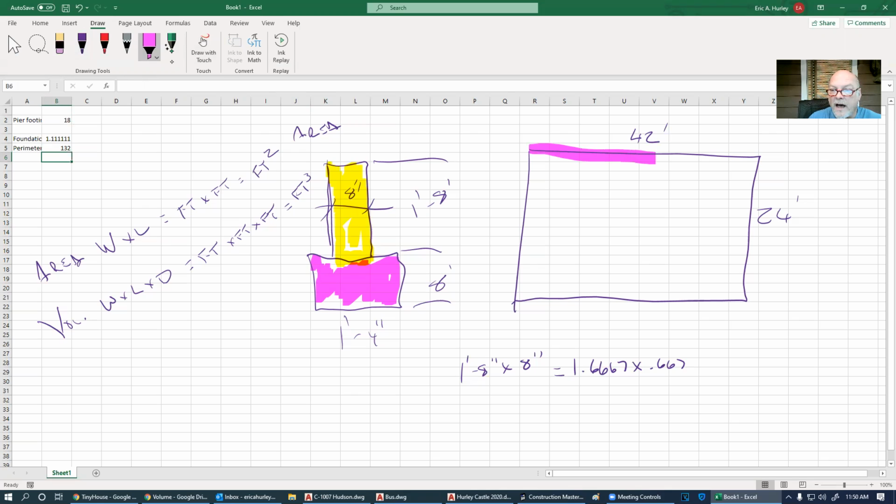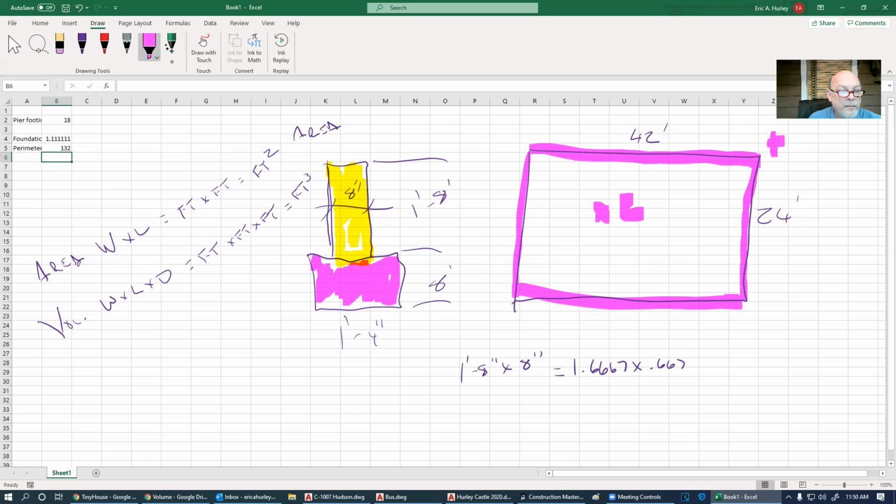I'm going to take this side and add it to this side, so I get a number, but then when I say times 2, I basically get this. That gives me my whole perimeter, which is 132 feet all the way around it.